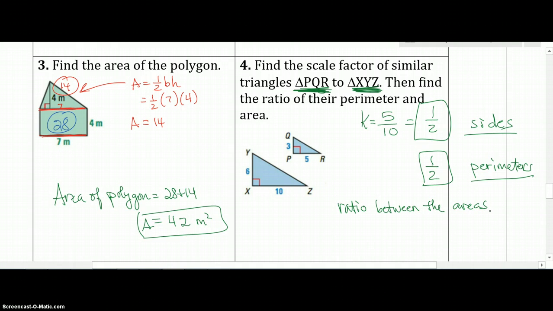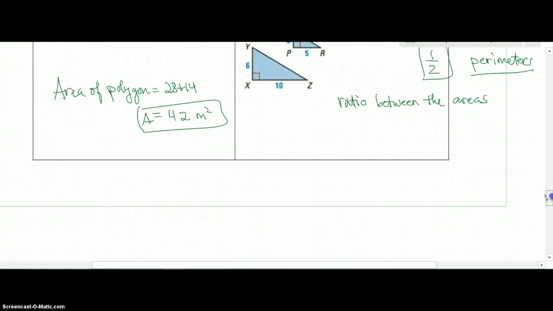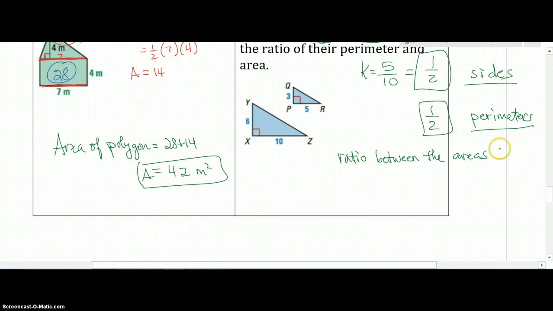Ratio between the areas. We're not square rooting, we are squaring them, right? So we're going to have a squared over b squared. And those are just variables. So if the ratio of the sides is 1/2, we're going to have 1 squared over 2 squared.